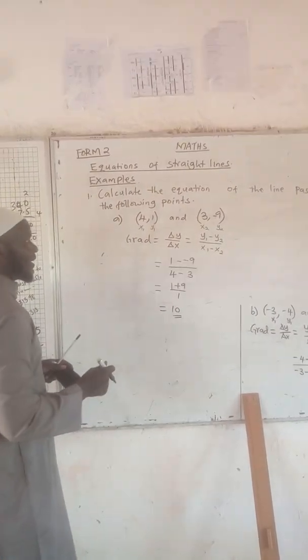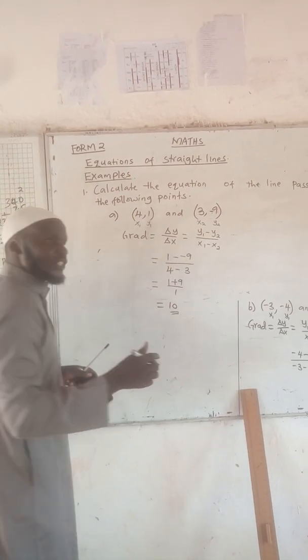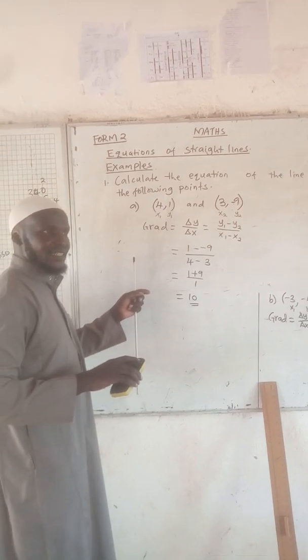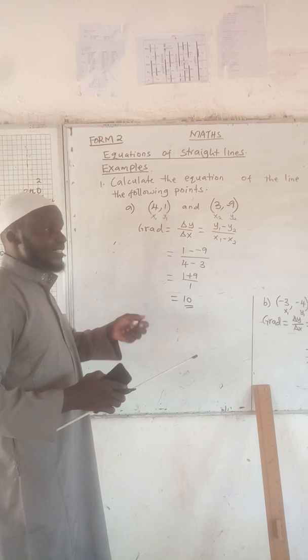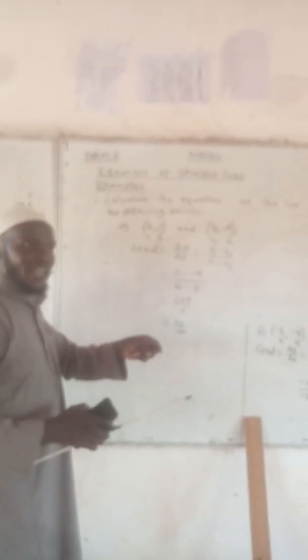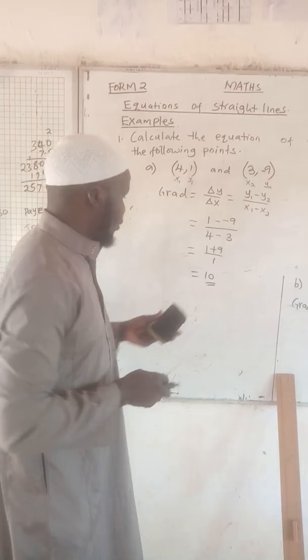Now, in order to get the equation of the line, we will choose one point, because remember I said when I was starting that to get the equation of a line, you are either given the 2 points, or you are given 1 point and a gradient. Continue from here.